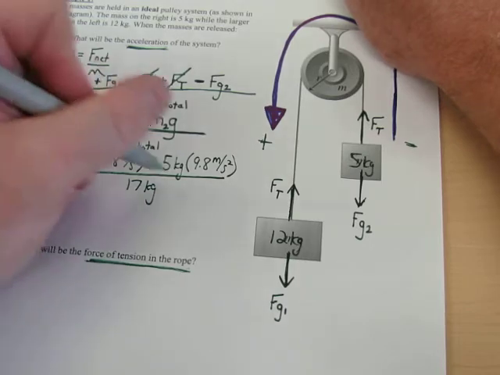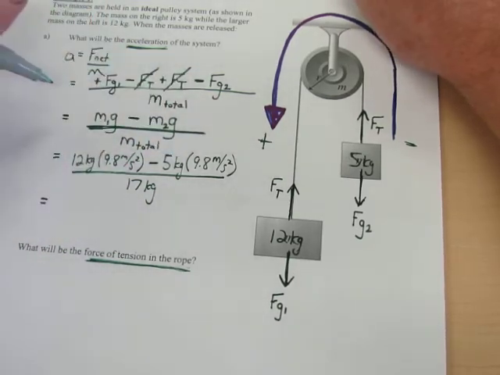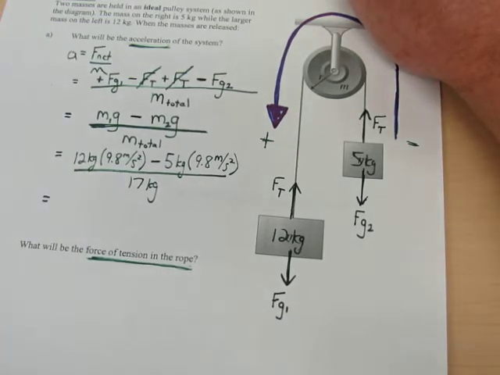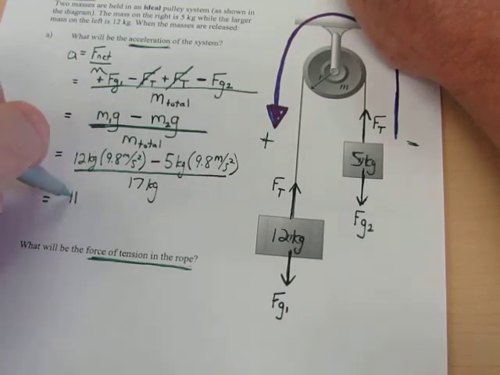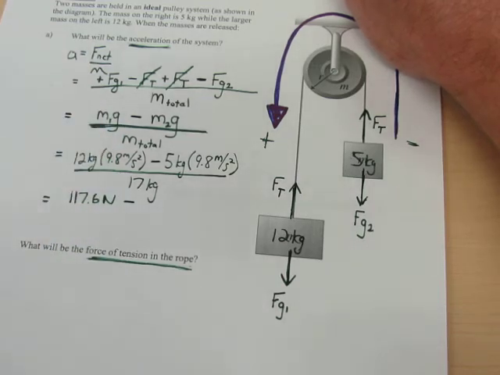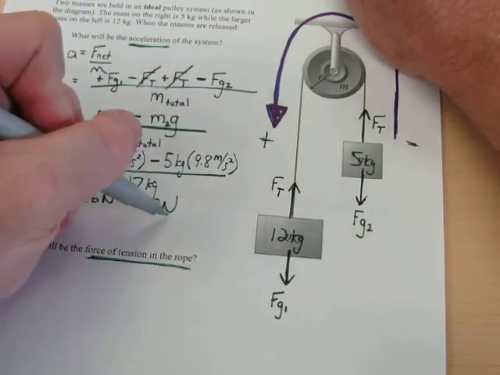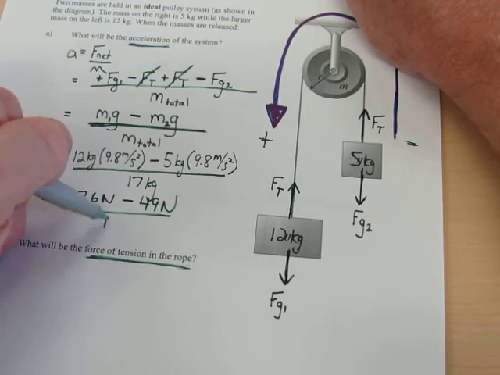You can have another line of work if you need to, if you want to work those forces out and see what the individual values of those forces is. That depends on whether you want to or not. I will. The first force comes out to 117.6 newtons. And the second force comes out to 49 newtons. And we're dividing that by 17 kilograms.